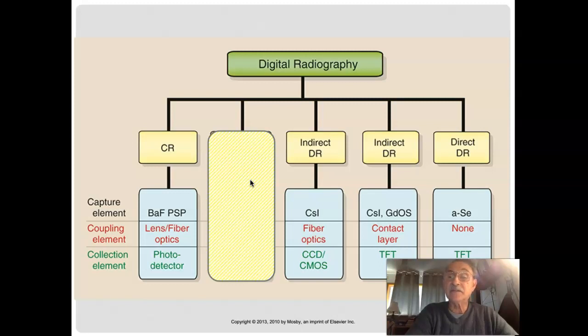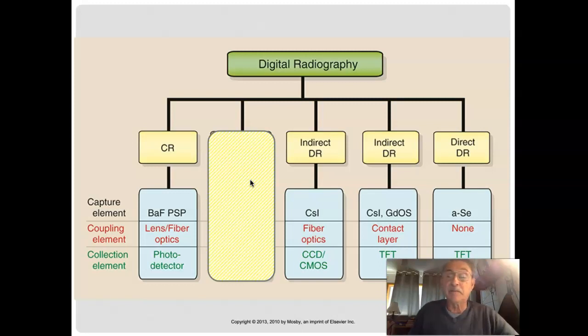With indirect DR, we have fiber optics. With indirect DR, we may also have a contact layer. The fiber optics are from a CCD or a CMOS, or indirect may also be with the gadolinium oxysulfide. We may send it immediately to the thin film transistor. And then with direct DR, we have amorphous selenium.